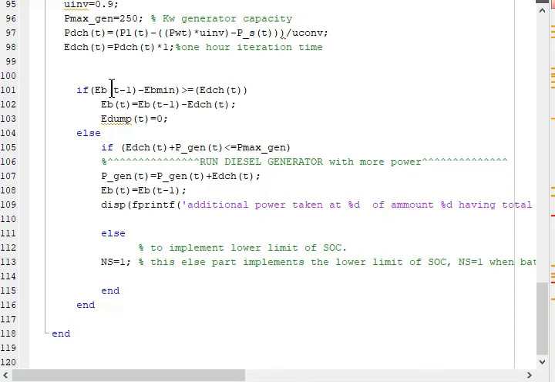So we are checking whether the battery was able to meet that deficient amount of power. If it is available, extract that energy from the battery. So EB, the battery charging state, will be reduced as it is providing energy to the load, the deficient amount. Else, if the battery was not able to meet that load demand, you have to obtain the remaining power from the generator.